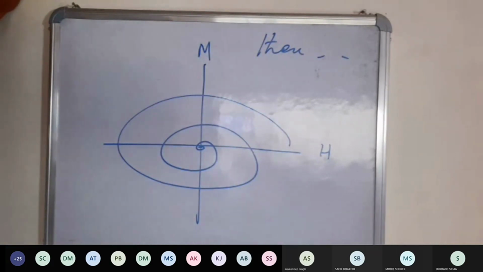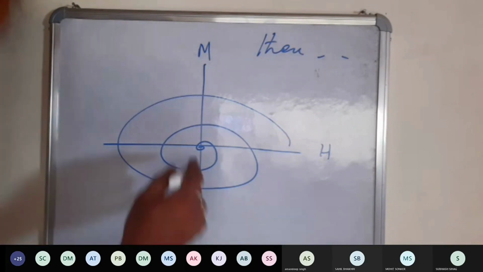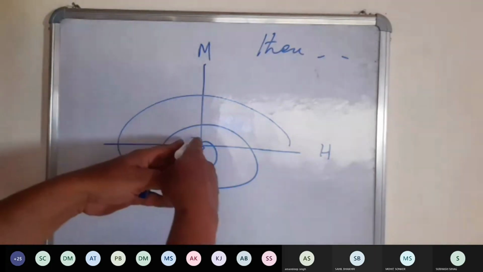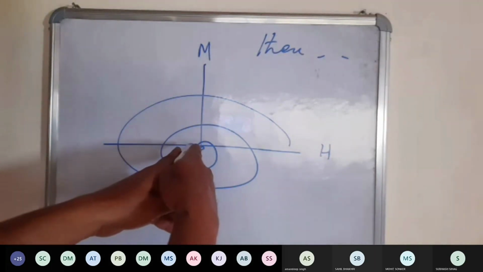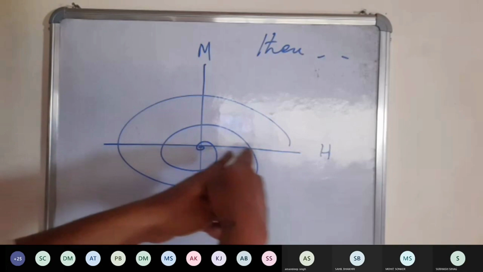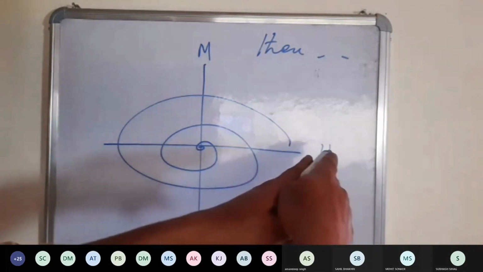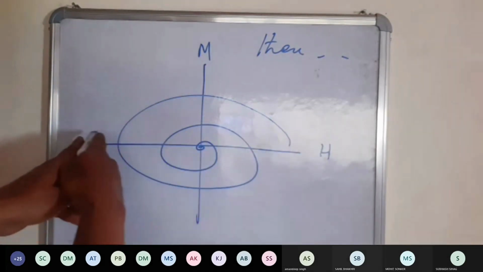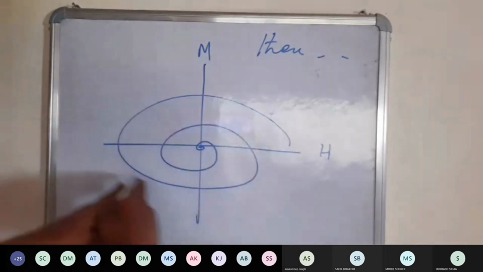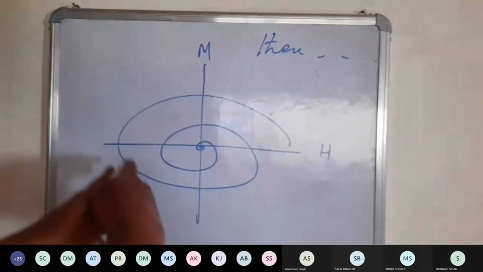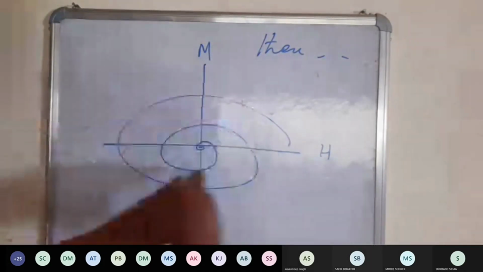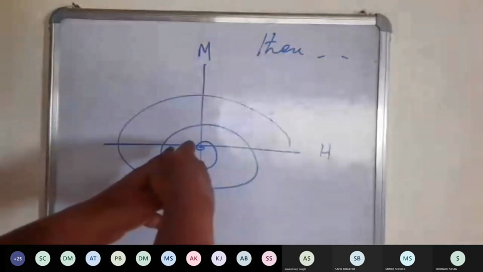Let A, B, and C be the three consecutive readings. If the compass was here, the reading would be 000. When it is going here, it is easterly. When it is coming here, it is westerly. So it goes east, west, east, west, and finally settles down.